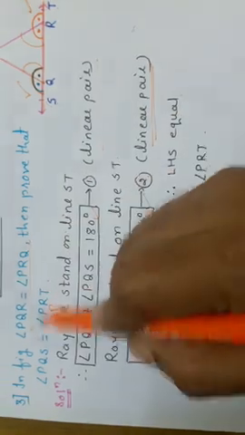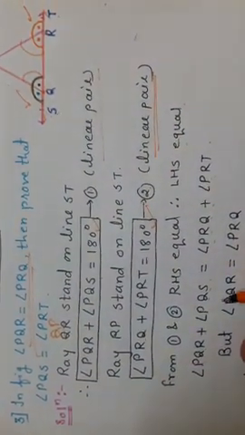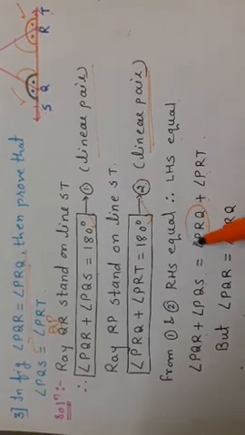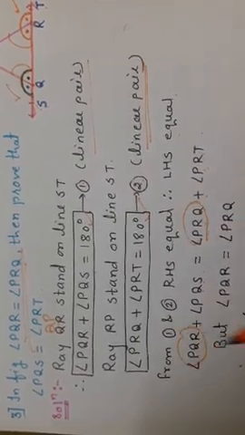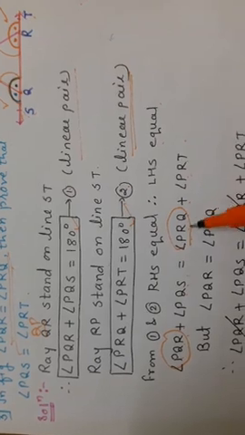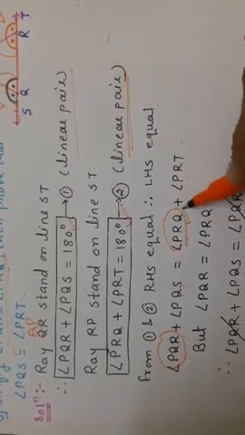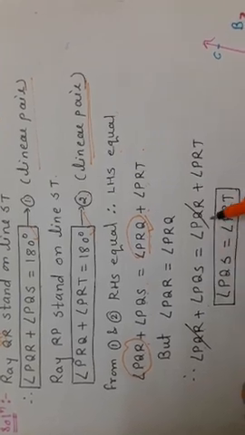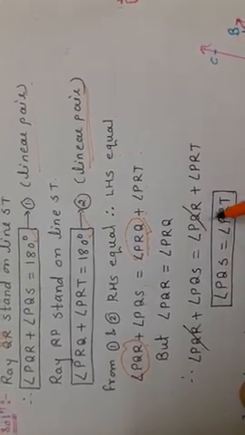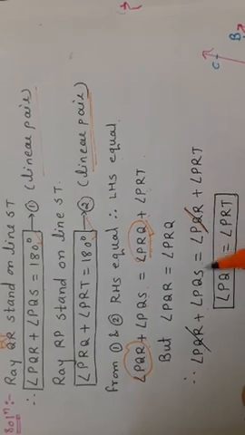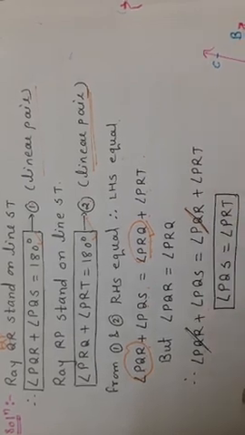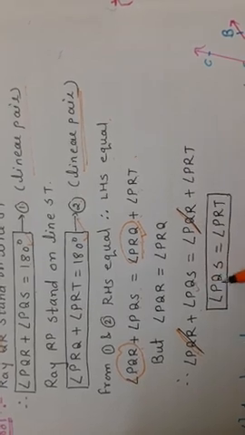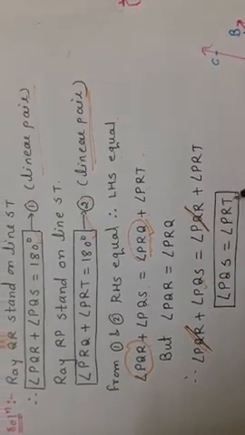But in the given, PQR is equal to PRQ, means these two angles are equal, so I am going to replace PRQ by PQR. So PQR plus PQS is equal to PQR plus PRT. Are you finding both sides equal? This PQR is there, that's why it is going to cancel. What is left now? Angle PQS is equal to PRT.